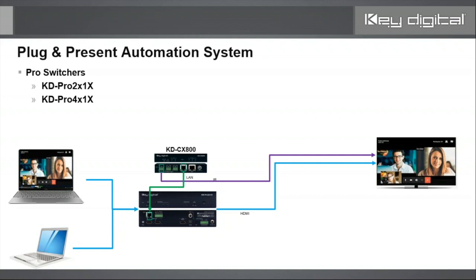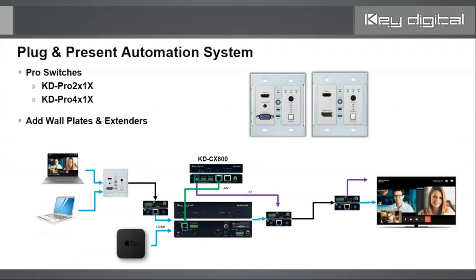So automation doesn't have to be expensive for your customers. What if they need HDBaseT extenders? Simply add our wall plate extenders on the front end, or our transmit and receive black box extenders on the back end, to further complement this system with all Key Digital hardware.